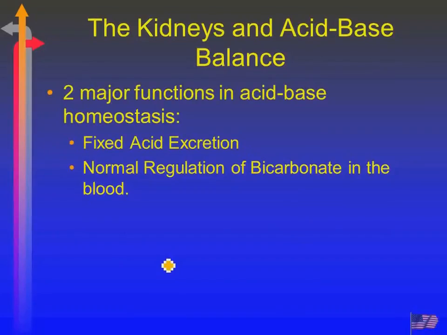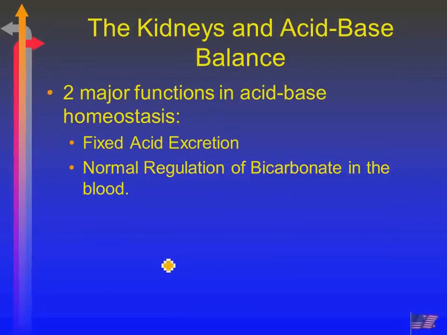And on the other end of the spectrum, we have kidneys that are maintaining acid-base homeostasis also by the excretion of these fixed acids, not the volatile acids. Carbonic acid is volatile. All these other fixed acids are present. It also, as we'll find, regulates electrolytes within the bloodstream.